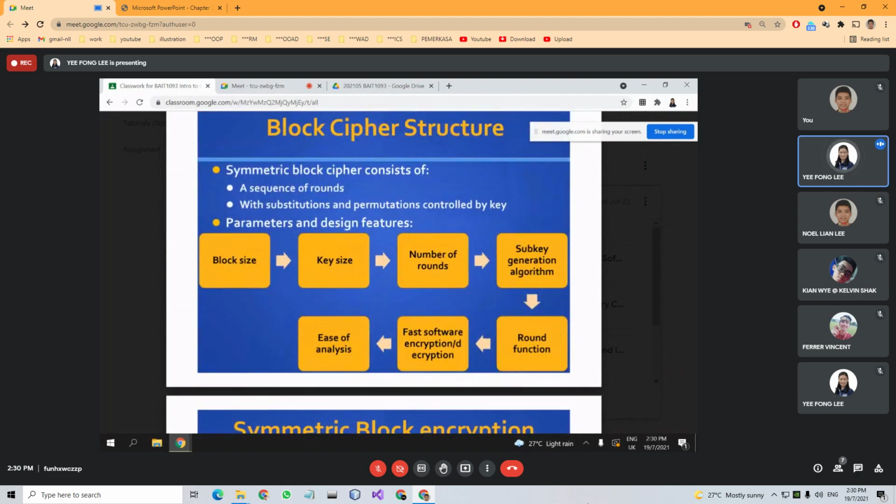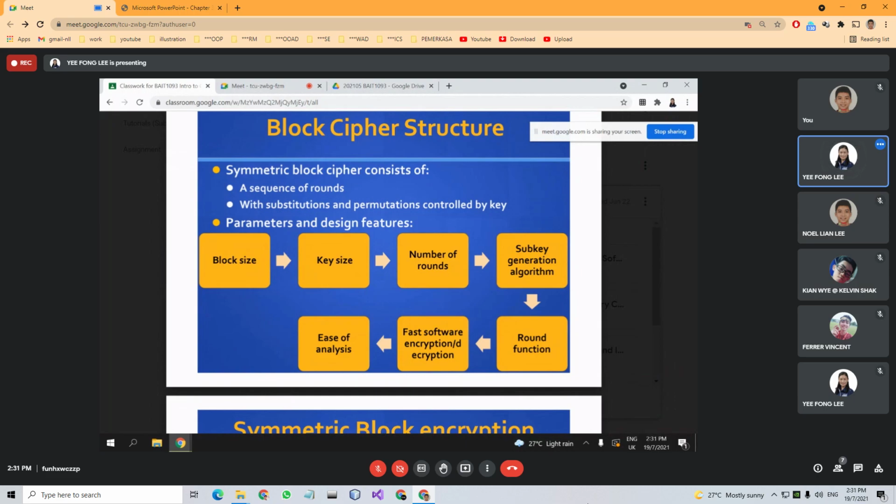In terms of block size, a larger block size means greater security. A block size of 128 bits is reasonable, meaning 2 to the power of 128 values available, which is large enough.